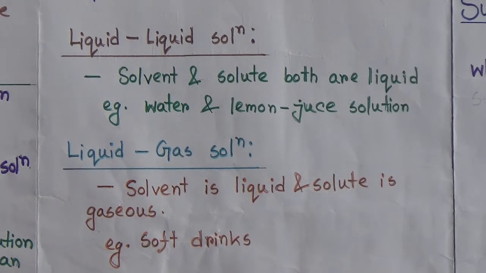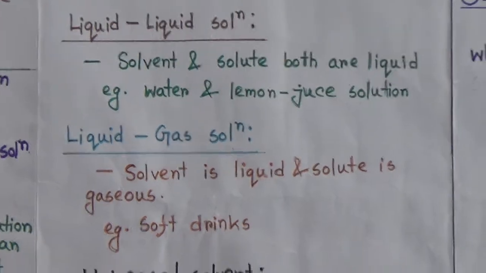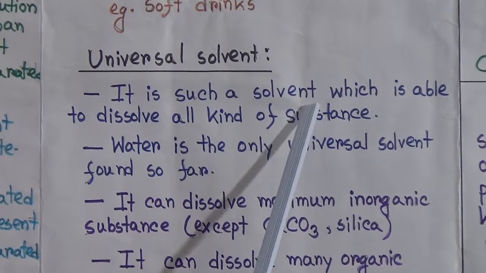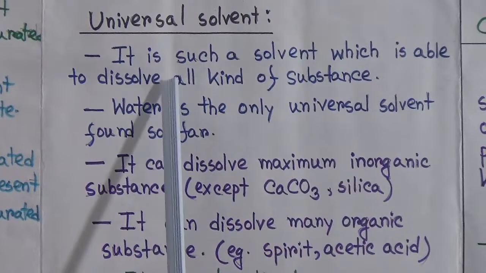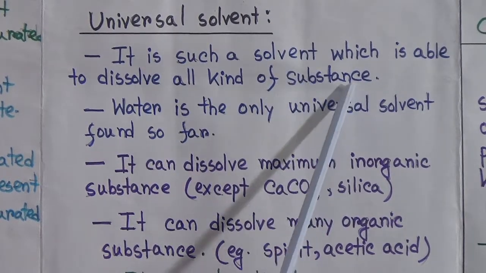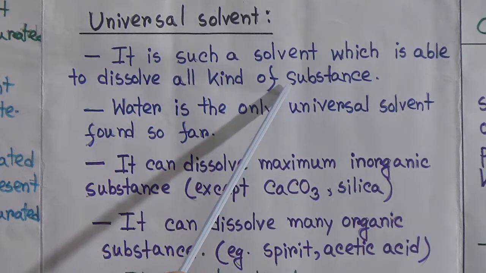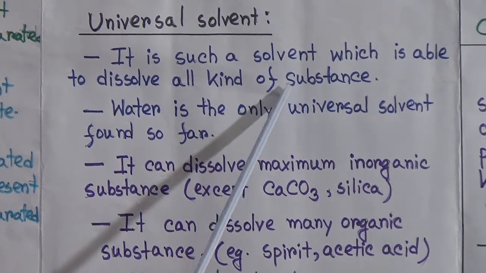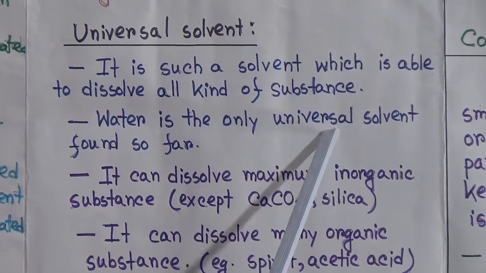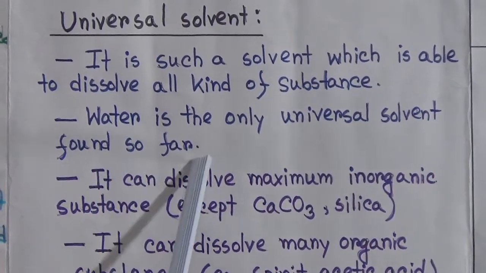Now come to universal solvent. A universal solvent is such a solvent which is able to dissolve all kinds of substances. That means in this solvent the maximum amount of solute will be dissolved. Water is the only universal solvent found so far.